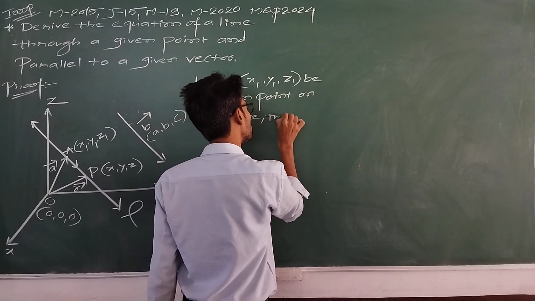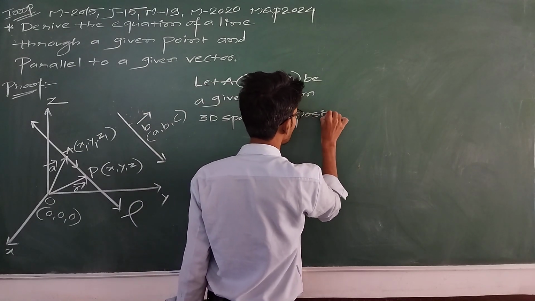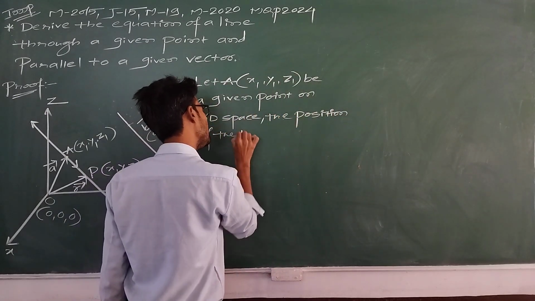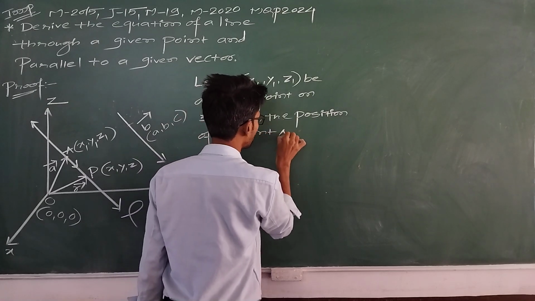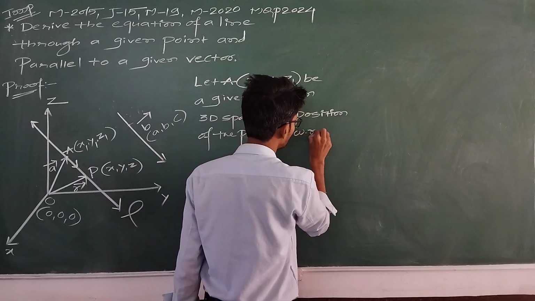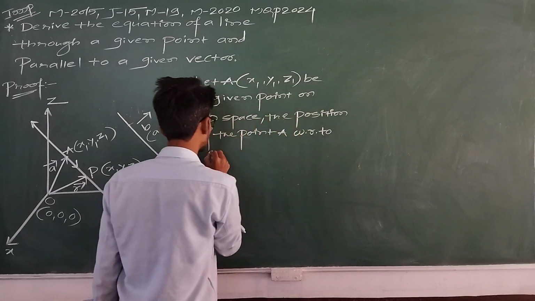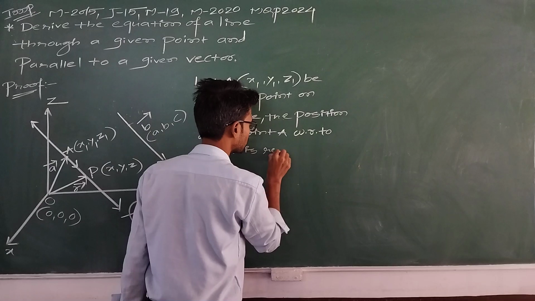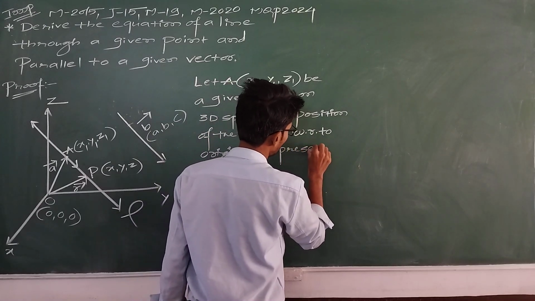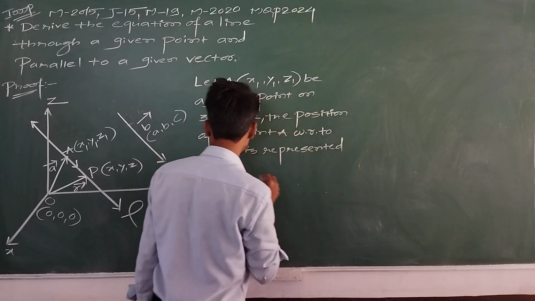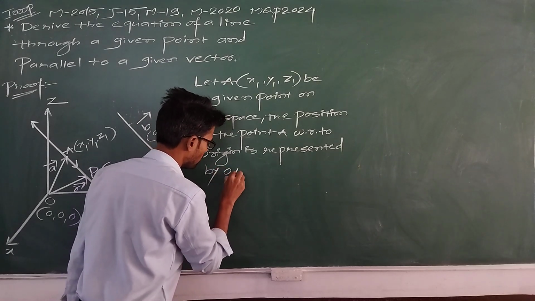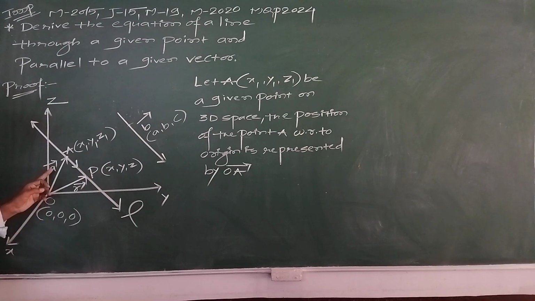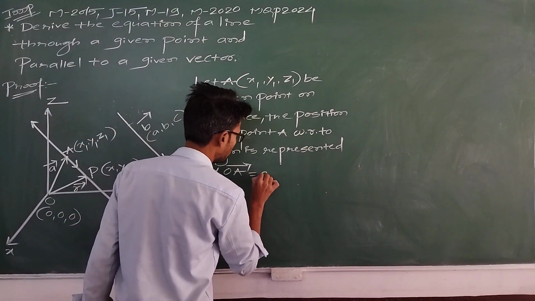The position of the point A with respect to origin is represented by OA vector, which is equal to A vector.